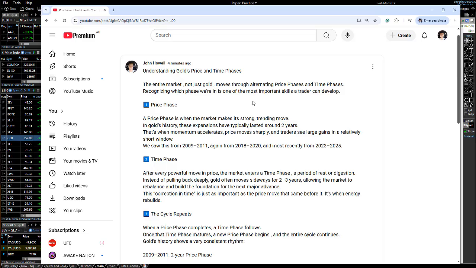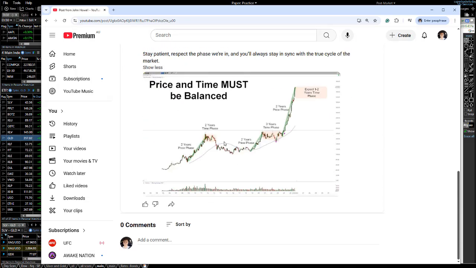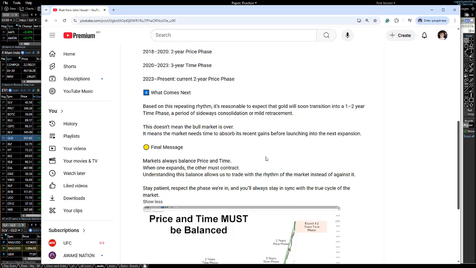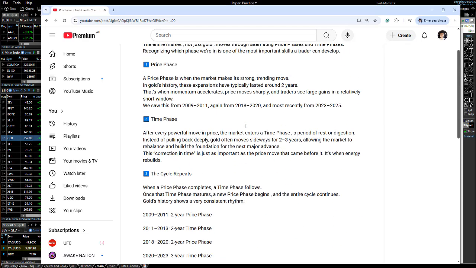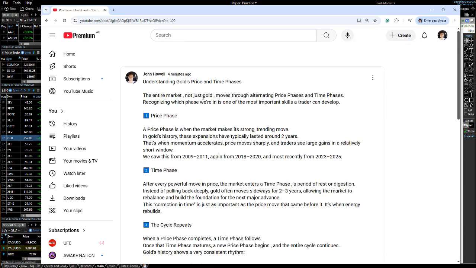Anyway, I'm just so excited, guys, because once you understand this, it helps you become a much better trader, right? So understand gold's price and time phase. Again, look at this here. Price time, price time, price time, right? There's different phases. All markets go through this, and I'll show you in just a minute. So let me go back up here, right? The entire market, not just in gold, moves through alternating price phases, alternating.